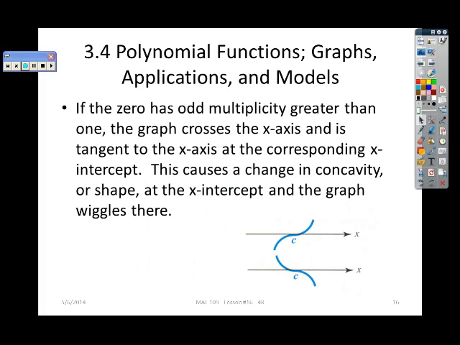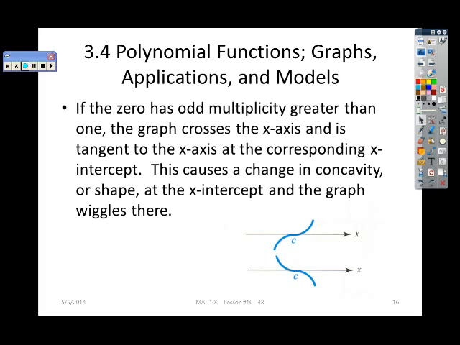Odd multiplicity, 2 characteristics. It's going to cross, definitely go across, but at the point where it touches the axis, it becomes tangent to it, and then it goes back up. So if you're coming up, this comes up, flattens out, and then it starts up again.